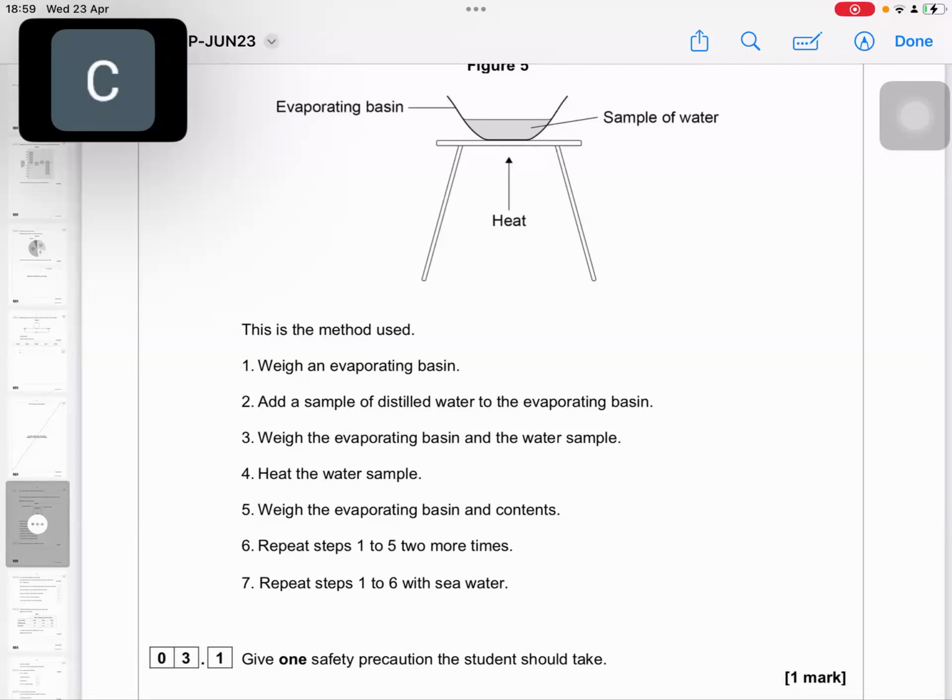Yes. Because remember, we're talking about possibly flames there because we'll probably be using a Bunsen burner. So yes, tying hair back would also be an important precaution, especially if the person has long hair. Okay, that's fine. Let's move on.